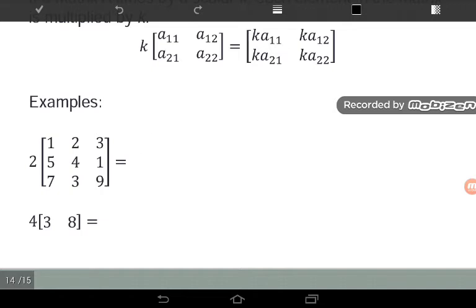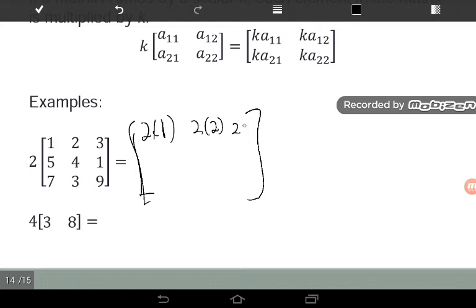So how to do it? 2 times 1, then 2 times 2, and 2 times 3.